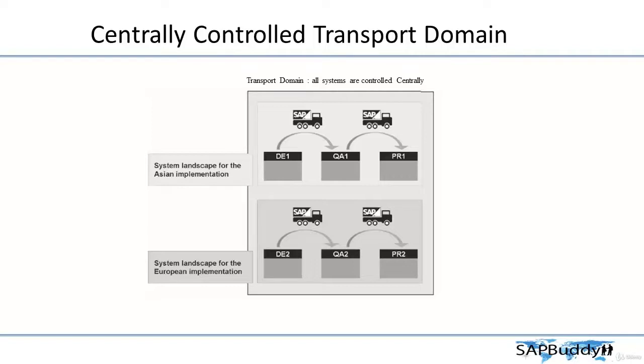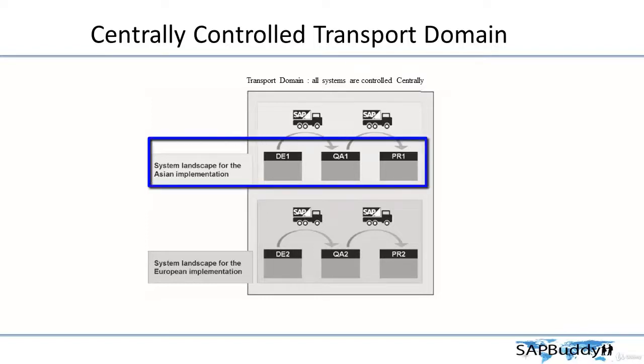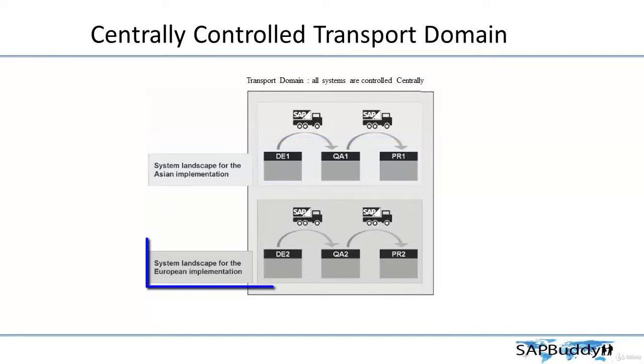However, the transport strategy will be based on your predefined transport routes. For example, if you see it here, we have two different landscapes: a system landscape for the Asian region and a system landscape for the European region.